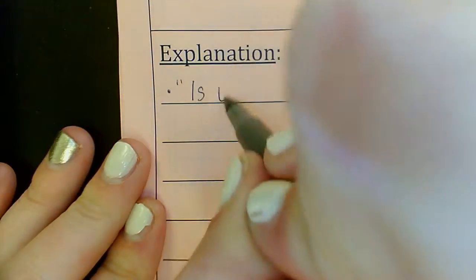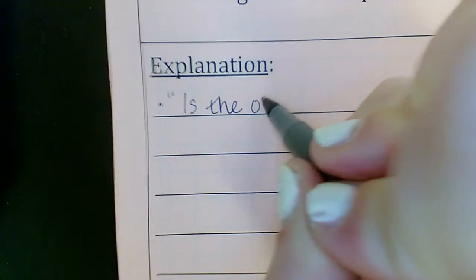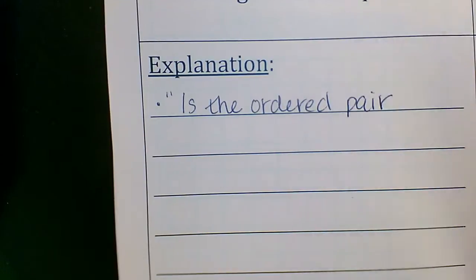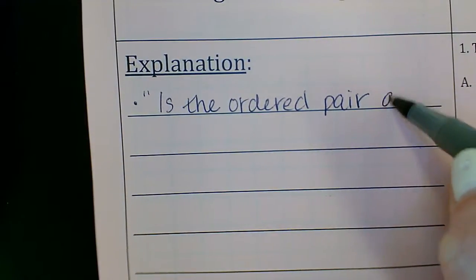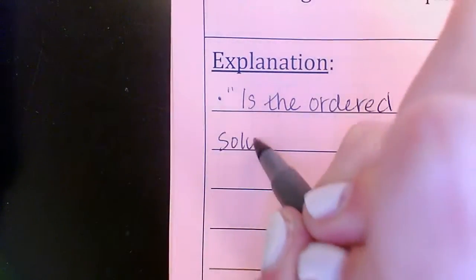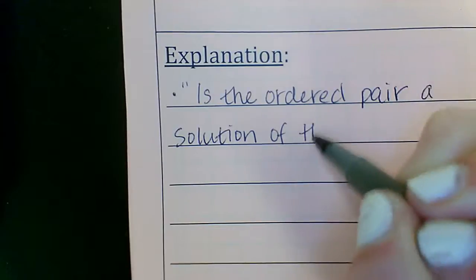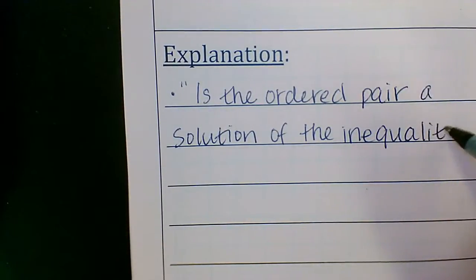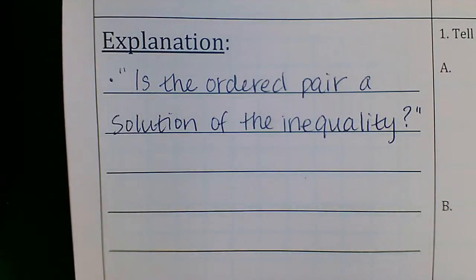They'll give you an ordered pair, and they'll say, is the ordered pair, so remember an ordered pair is just a coordinate, some sort of xy value, a solution of the inequality? So again, these are going to be the most basic questions that they ask because obviously things get more difficult.